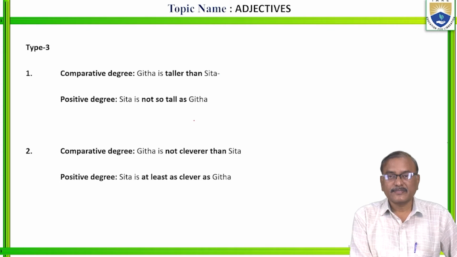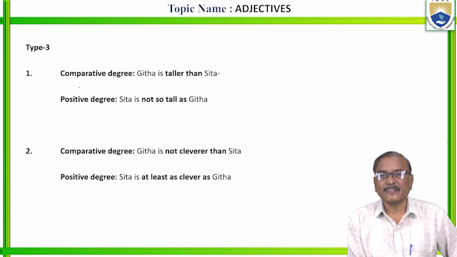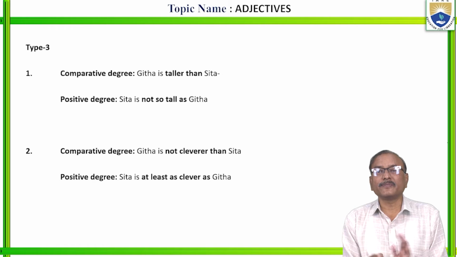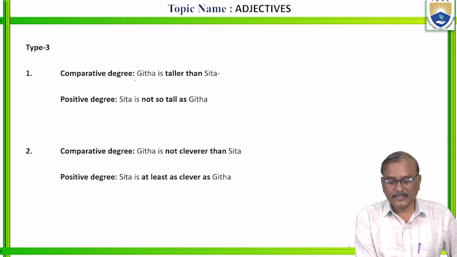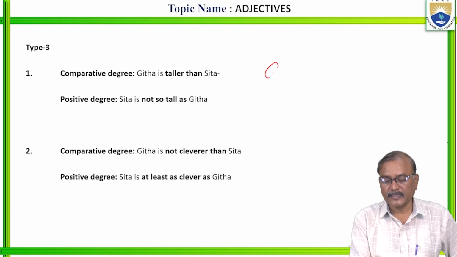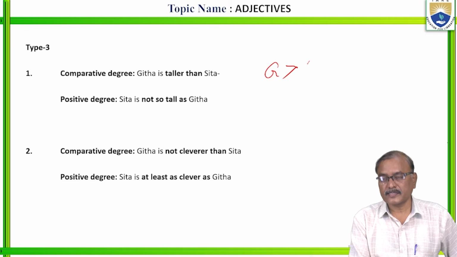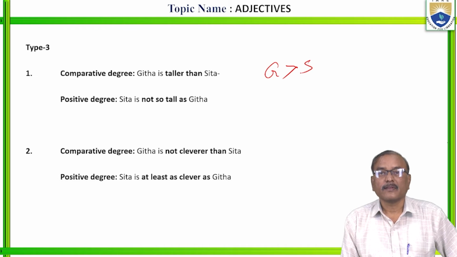Here, these are the examples, third type. Comparison is only between two, so superlative is not possible in this case. Geeta is taller than Sita. Right?